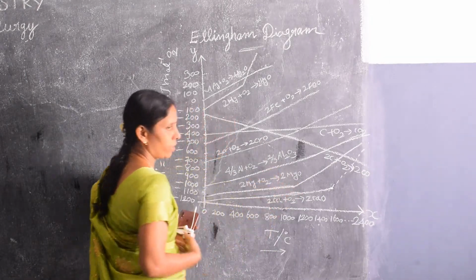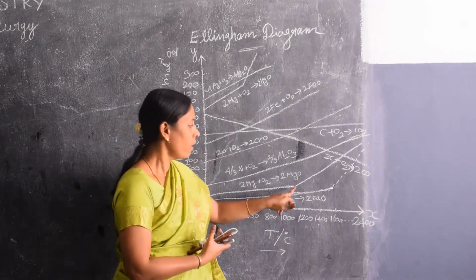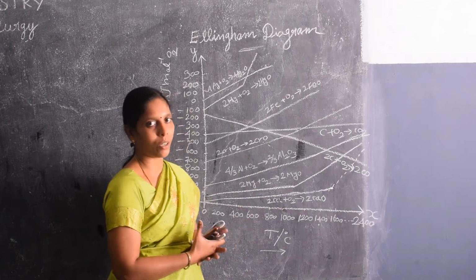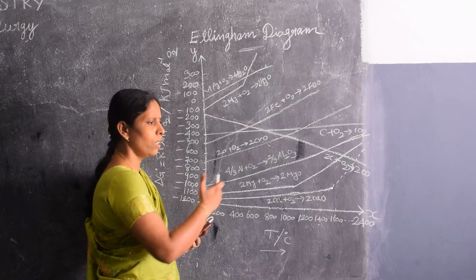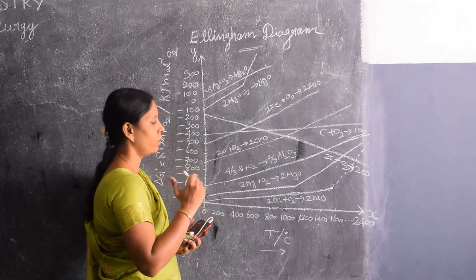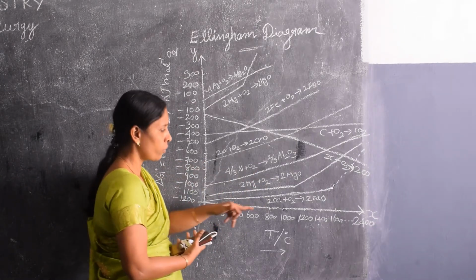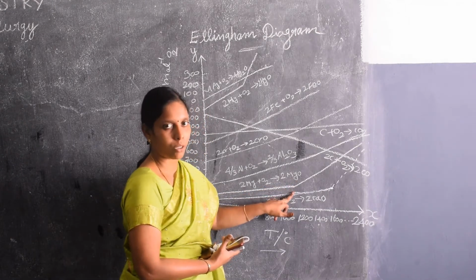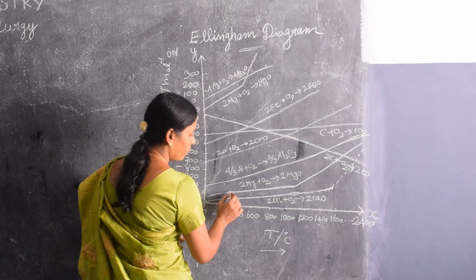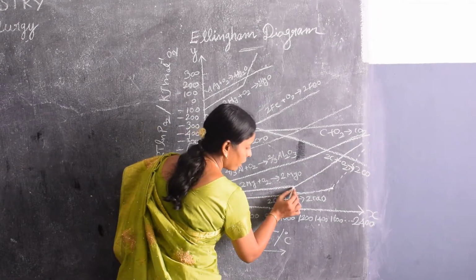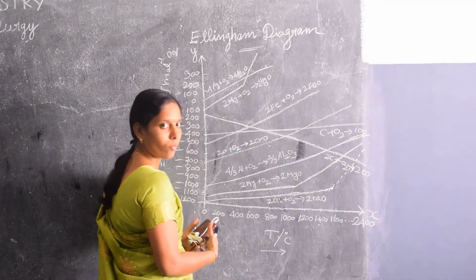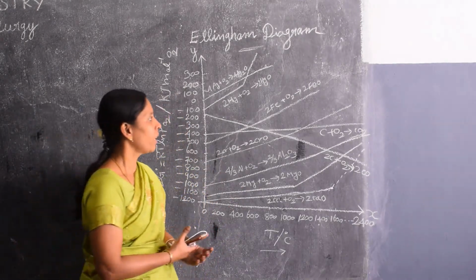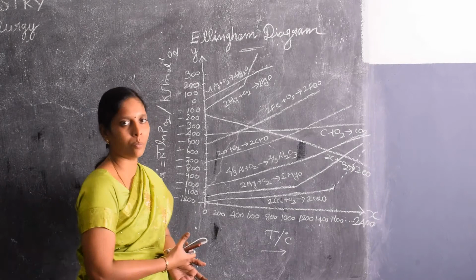This is a phase transition, due to melting or evaporation. If it is a solid, it melts at the melting point; if it is a liquid, it evaporates. Because of this, in the graph the straight line and then a sudden change happen. Okay, so these are the observations of the Ellingham diagram, and then the applications of the Ellingham diagram.